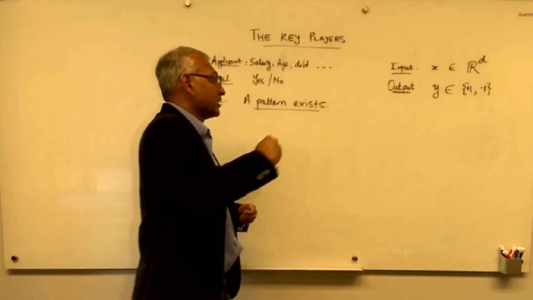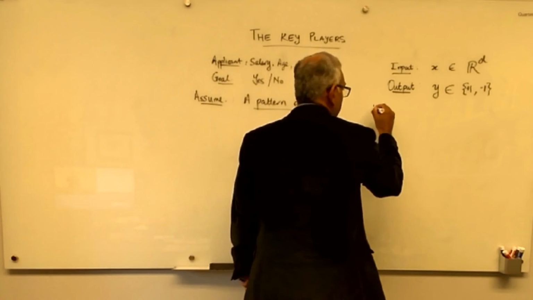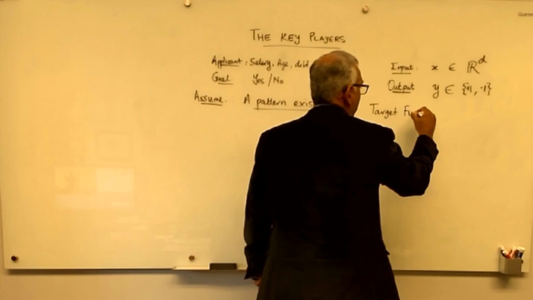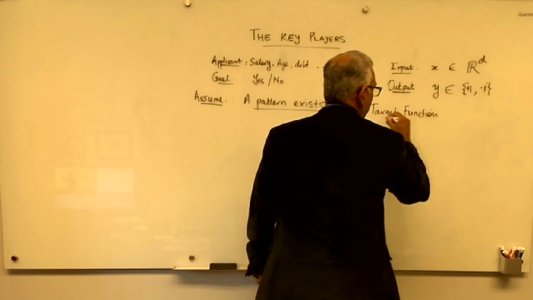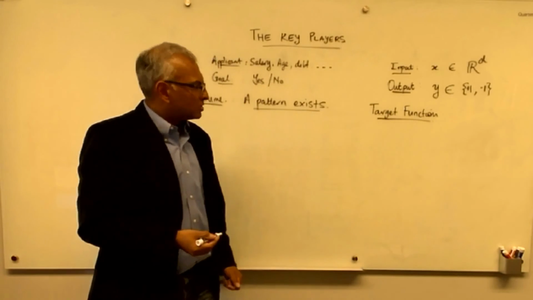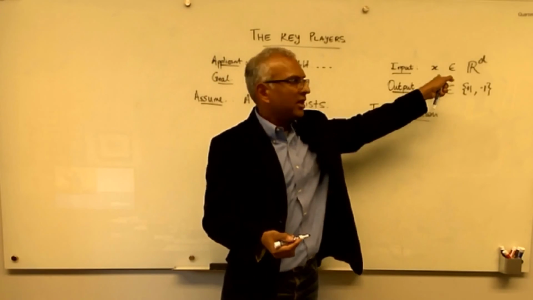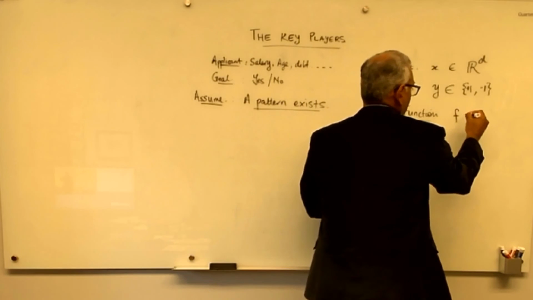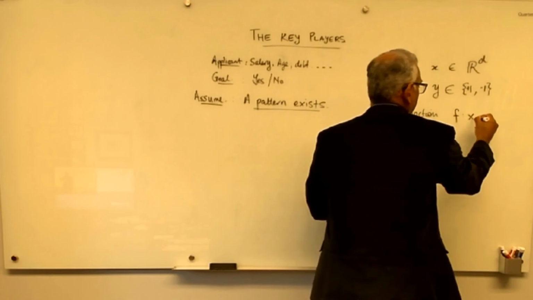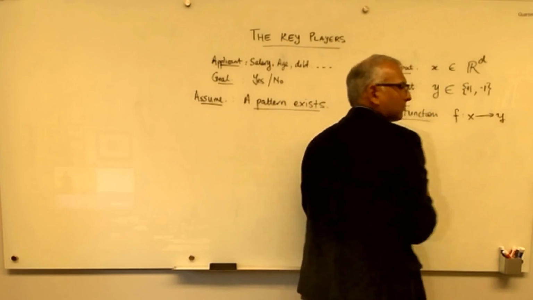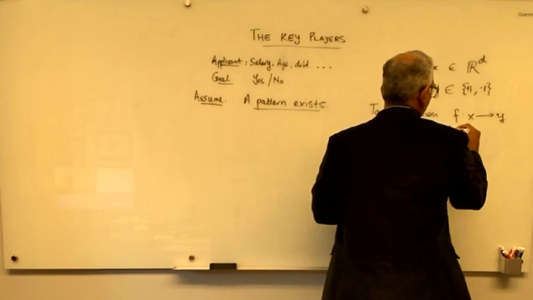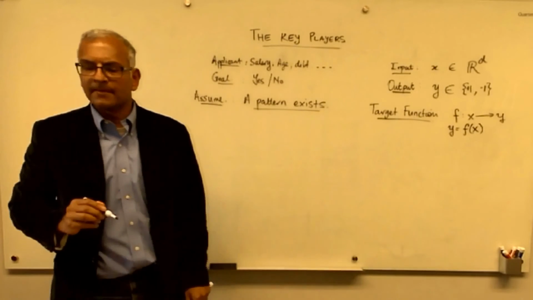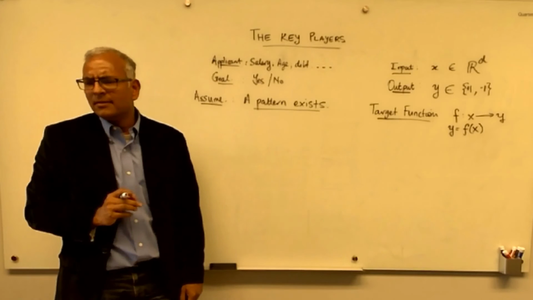We call that function the target function. In other words, there's a function which tells you what's the correct y for any particular x. So the target function f maps x to y, or we could say that y equals f of x.